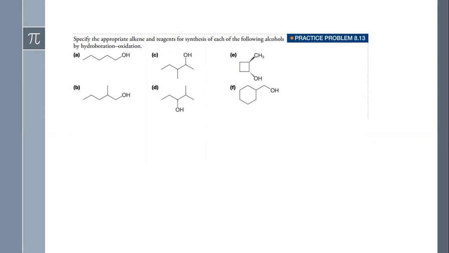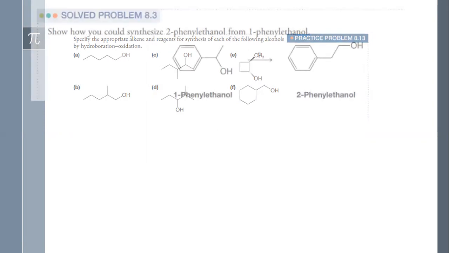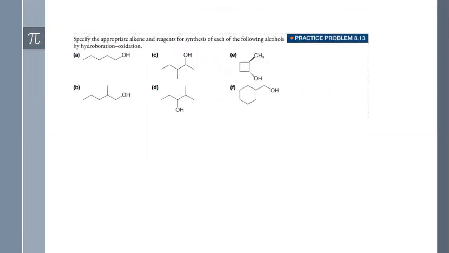So letter A, can you give a suggestion? What is our alkene, including the reagents? Can you have any suggestion? Let's go. Ronel.